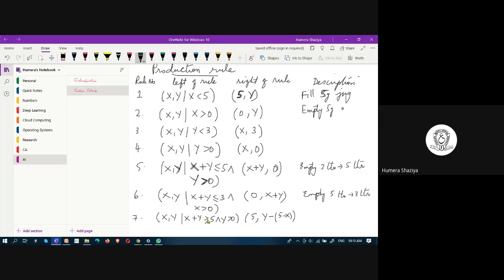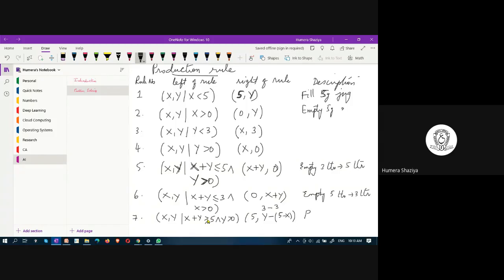It means you are pouring some water from the 3 liter jug into the 5 liter jug. Look here, 5 minus X. Y is the 3 liter jug. You are pouring some water from the 3 liter jug into the 5 liter jug, which already had some water. So if X had 2 liter water, then 5 minus 2 is equal to 3.